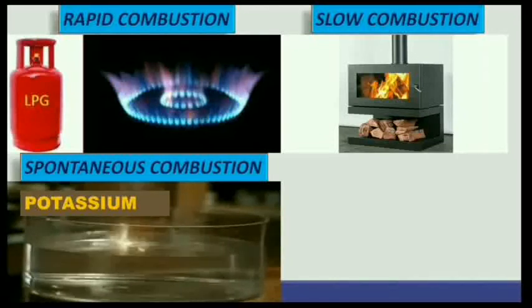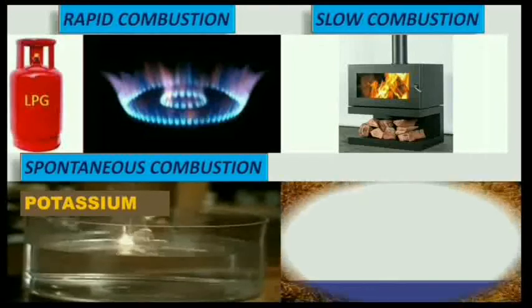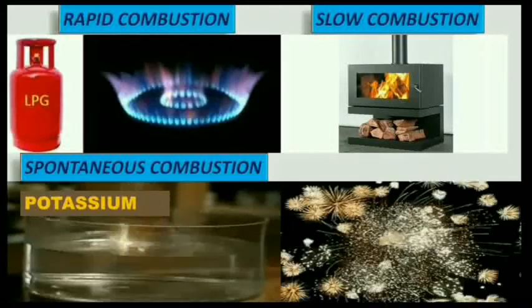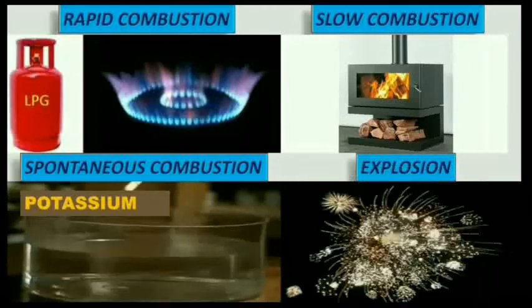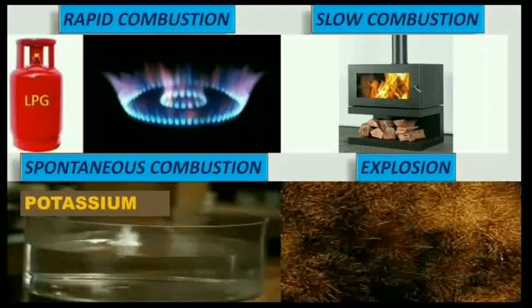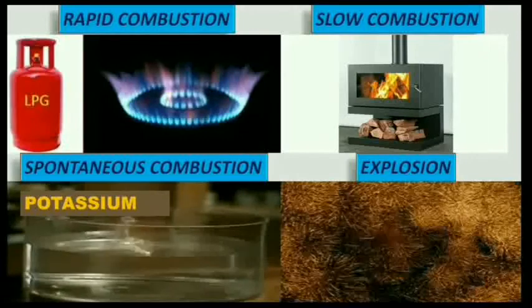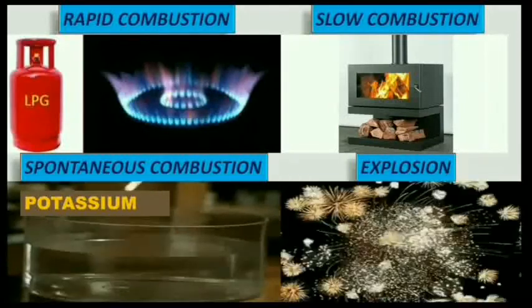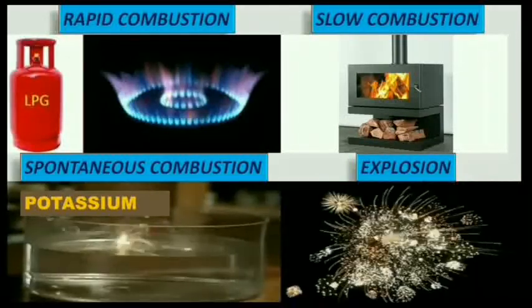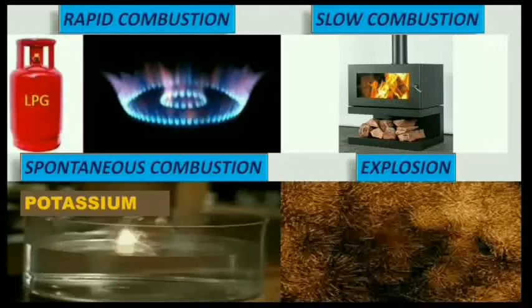White phosphorus burning at room temperature is an example of spontaneous combustion. Last is explosion. Burning of a firecracker is an example of explosion. A very fast combustion reaction in which a large amount of heat, light and sound are produced is called explosion or explosive combustion. So these are the different types of combustion and their various examples.